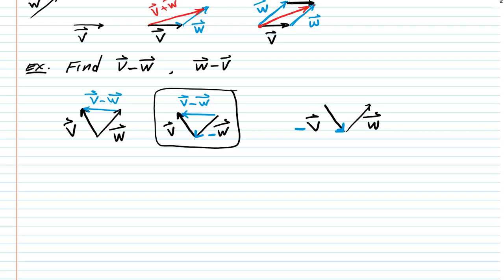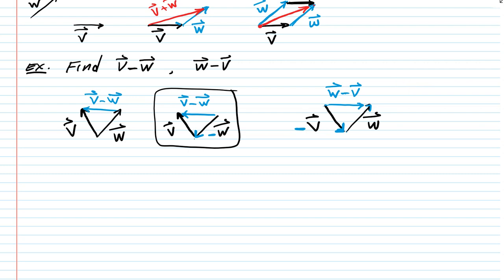That's negative V. And then using the same tail to tip method, I can draw right in here from the tail to the tip of the vector using the triangular method. And that's going to be the vector, in this case W minus V. Make sure you put the vector symbol, by the way, on top of the letter. If you write W minus V without it, that is incorrect, and nobody likes that notation.